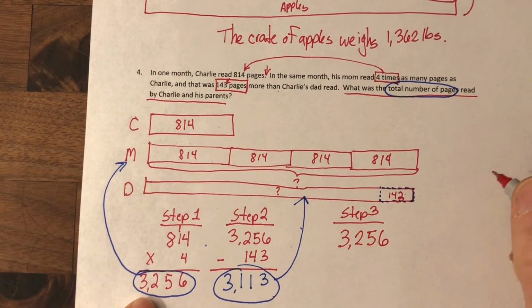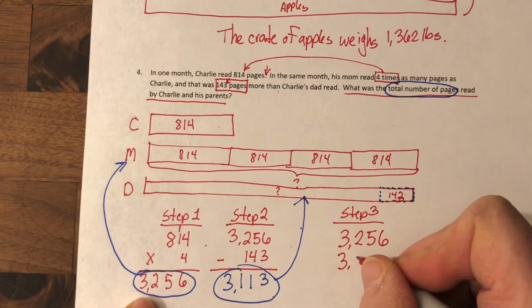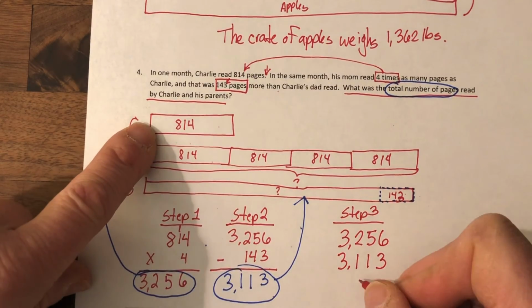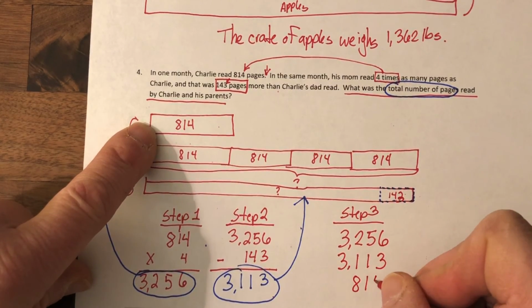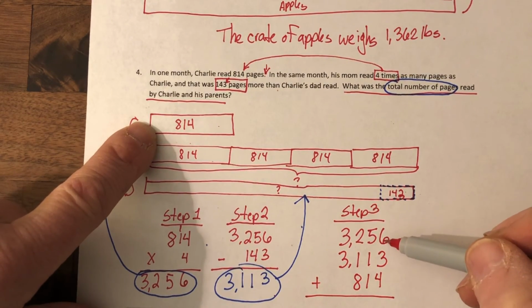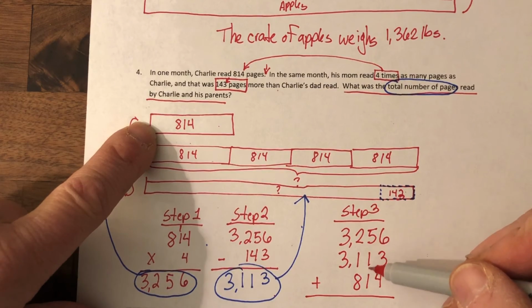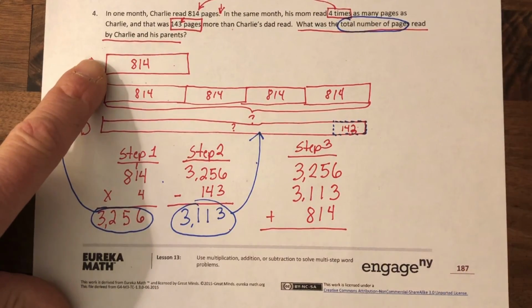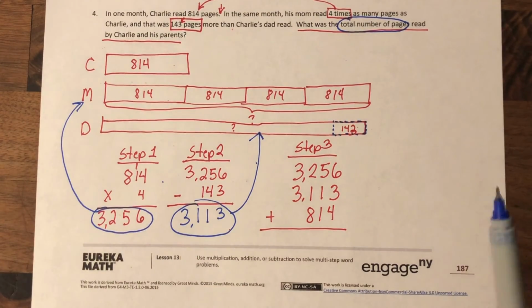And then Dad read 3,133 pages. And Charlie read 814. Now, add them all up. I want you to pay attention here. I put these numbers directly over each other in the right place value. Need to do that. It's not an option, or your answer is going to be way off, okay?